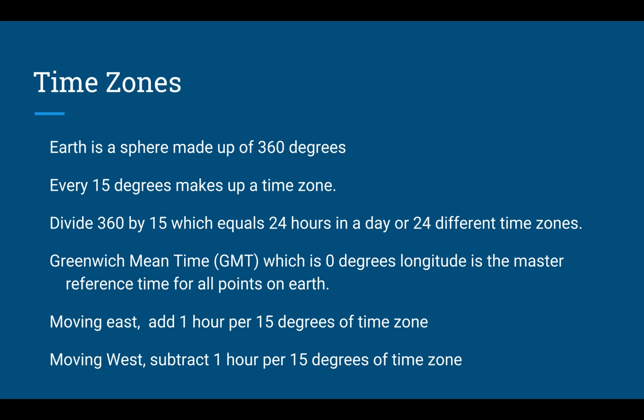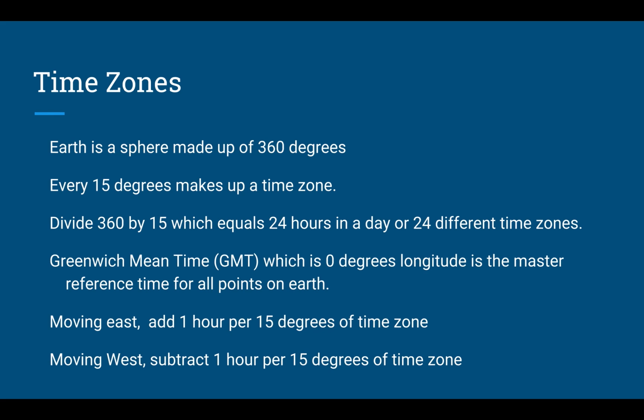So that whole idea of Greenwich, England, is very important because that is where it starts. That is the reference point. So if you go to the left of Greenwich, or to the west of Greenwich, you will lose time.